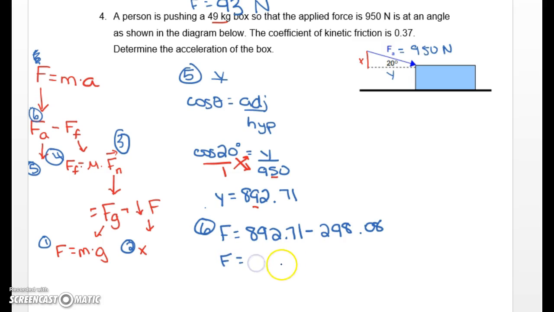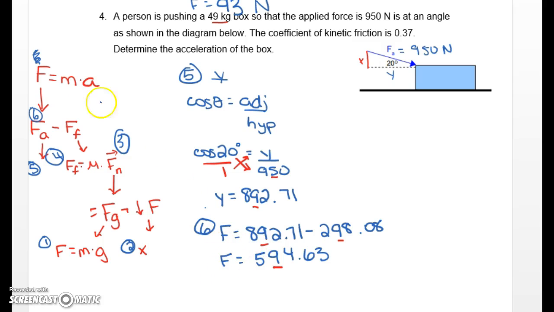Plugging that into our calculators, we should find that our answer is 594.63. Just keeping track of our sig figs here. We have 2 digits to the left, 2 digits to the left, which means that our answer is also going to have 2 digits to the left.